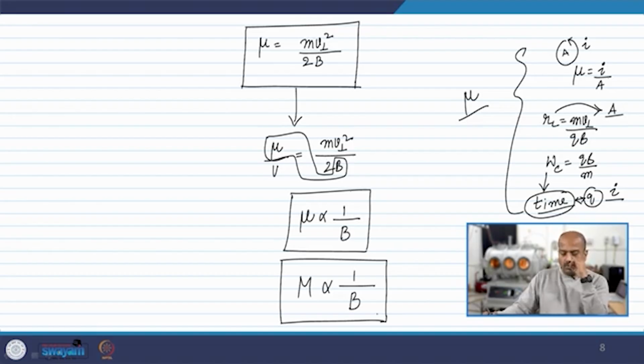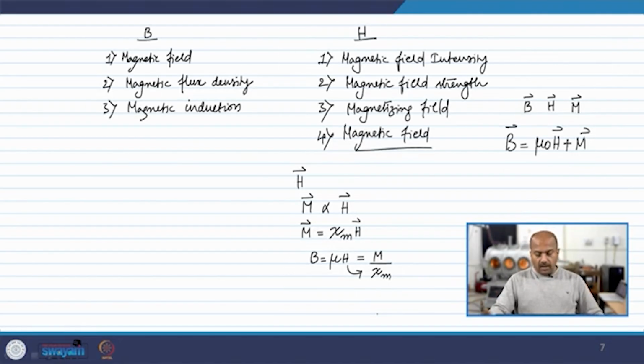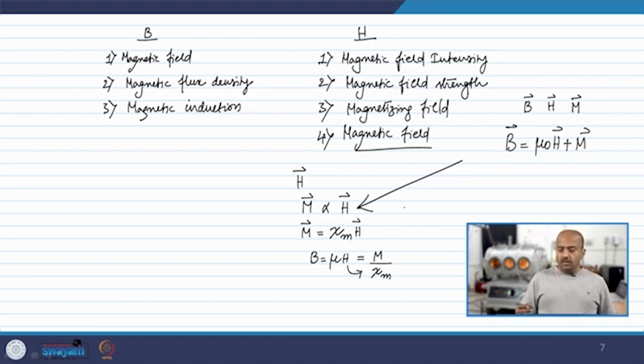Right. So, we know that B is equal to mu H, and we have realized the magnetization is basically proportional to the applied field strength. In the earlier slide, this is what we have. The more field that you apply, the magnetization will be proportional to that. Right. So, if you apply a strong field, more dipoles will align themselves in the direction of the external magnetic field.